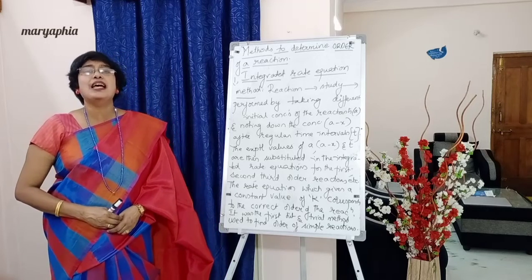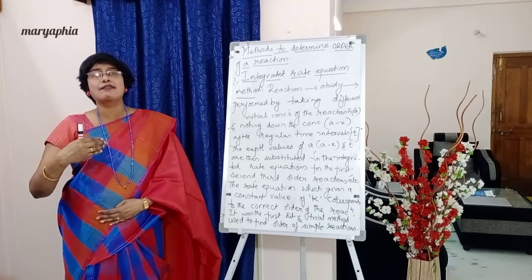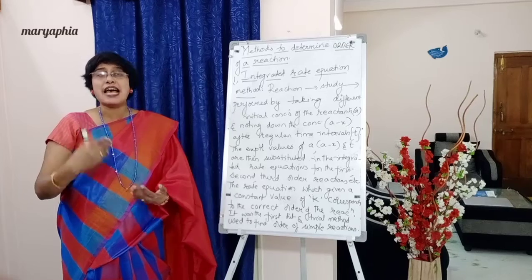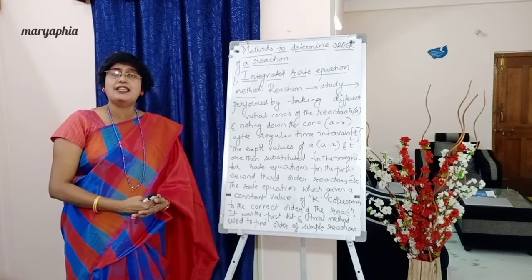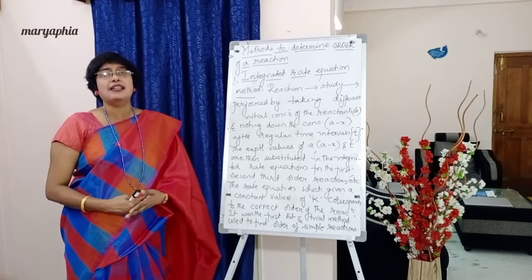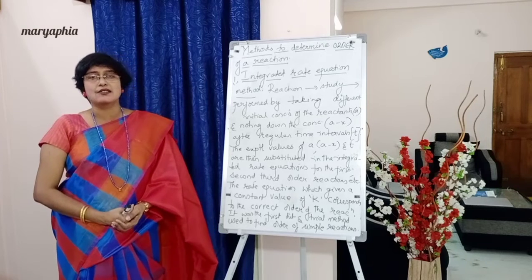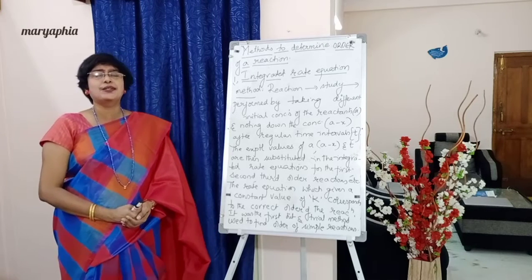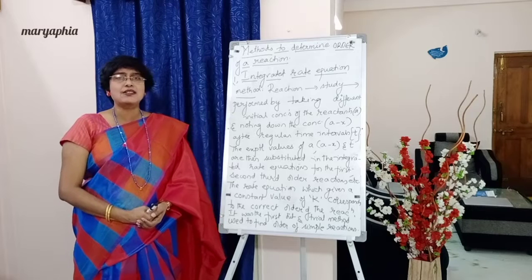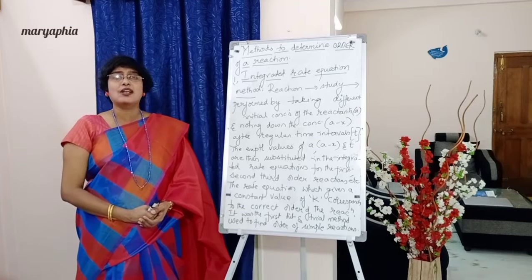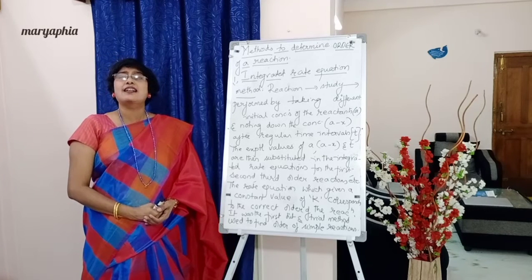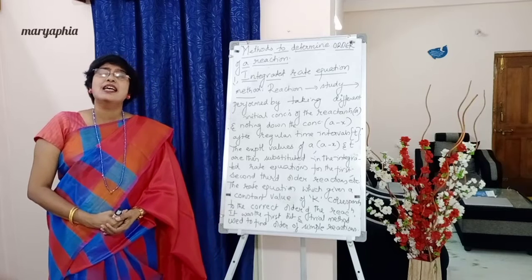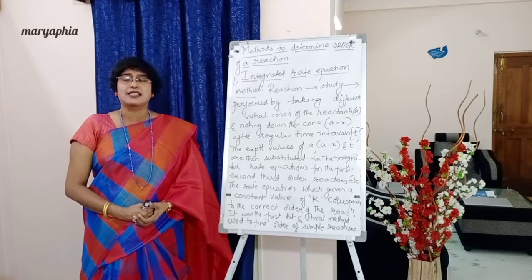Now we have different a values, different a minus x values, different t values. We take all these values and a first order rate equation, substitute these values and calculate the rate constant.